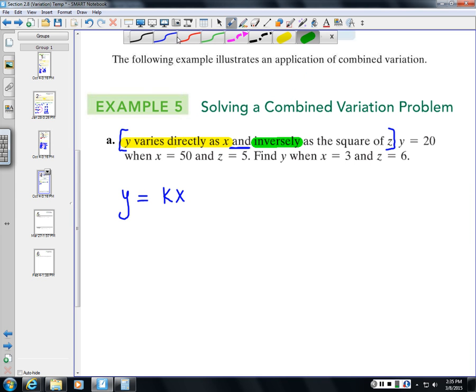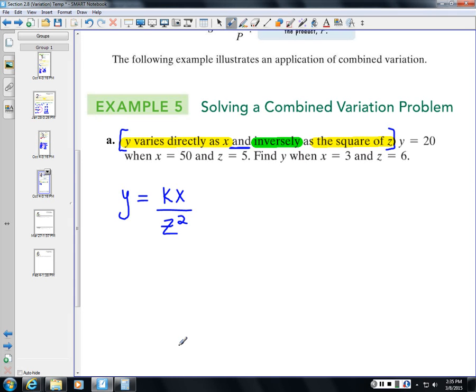When I see inverse variation or inversely, I know I divide because it's K divided by X. Whatever is behind your word inverse goes in your denominator. And they're telling me that it's the square of Z. Now, do pay close attention, because a lot of people try to put a square root there. It doesn't say square root, it just says square. So pay really close attention to that.